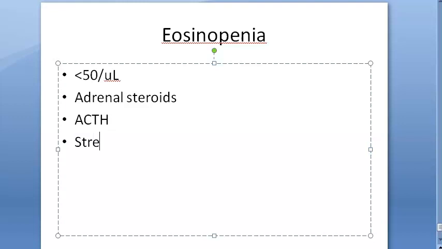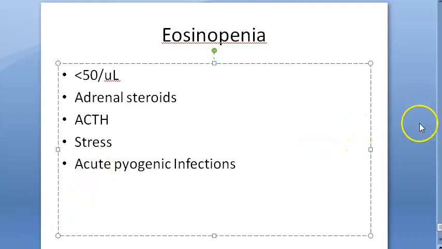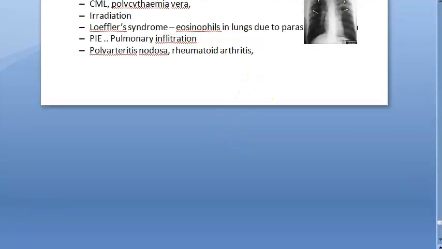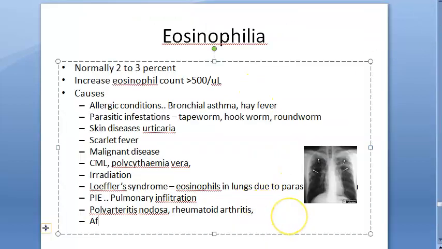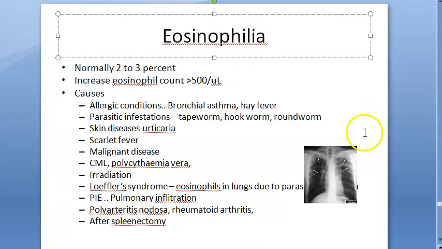Even stress can reduce eosinophils, and acute pyogenic infections can reduce the eosinophil count. After splenectomy, the eosinophil count will increase.